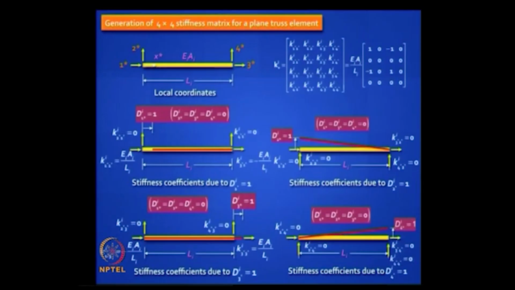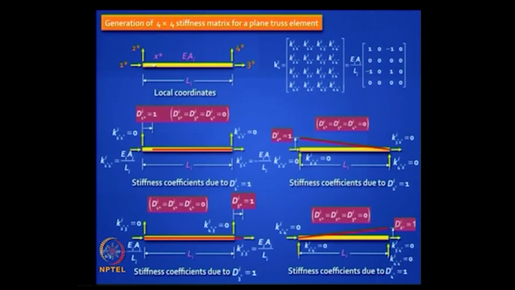So I am just playing back to you some slides that we have already seen. You remember we began with a plane truss element which had a 4 by 4 stiffness matrix, 4 degrees of freedom. It is very easy to remember the stiffness matrix, 2 rows and columns will be zeros, and the others are simply EA by L and minus EA by L. So this is familiar to you.